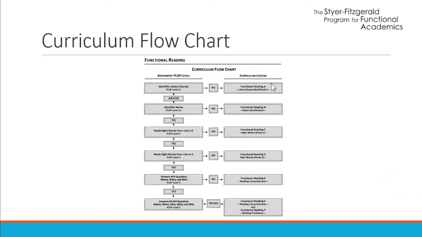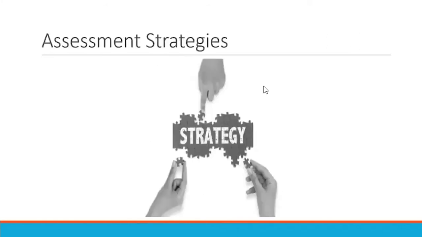Like I said, we'll go over this more in the next PowerPoint, but if you're at this PLOP on the left, then it tells you where to go in the lesson plan and what data sheet to pull. It'll be more clear in the next PowerPoint, so bear with me.